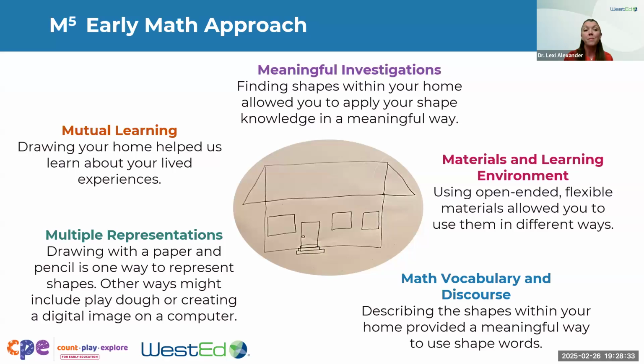But there are other ways we might consider, things like Play-Doh, even pipe cleaners. We could use tangrams, or even digital imagery through computer programming. These are all different ways that children can represent shapes through different contexts. So that provided us an opportunity to experience those 5 M's in a playful math experience.